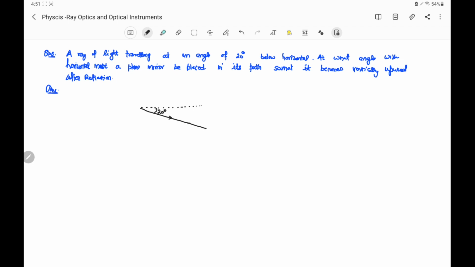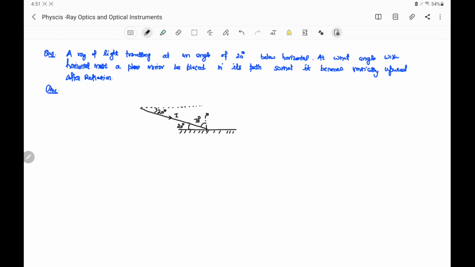Suppose this ray strikes on the horizontal mirror. Then angle of incidence, if we calculate, it will become 70 degree because alternate angles are 20 degree between the two horizontal lines. Therefore, the angle between the incident ray and the normal will be 70 degree.